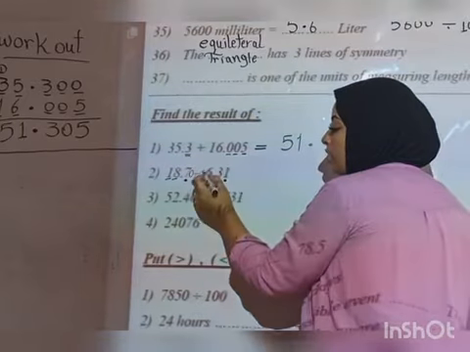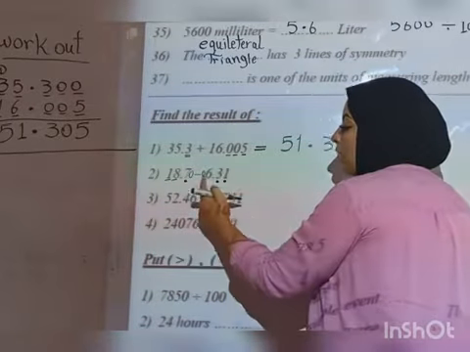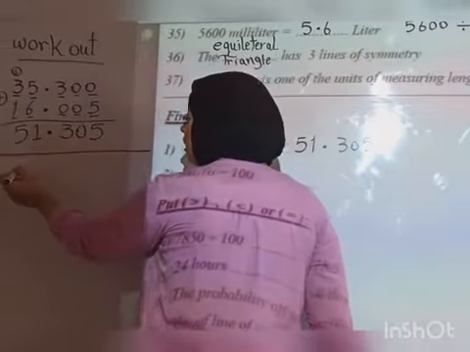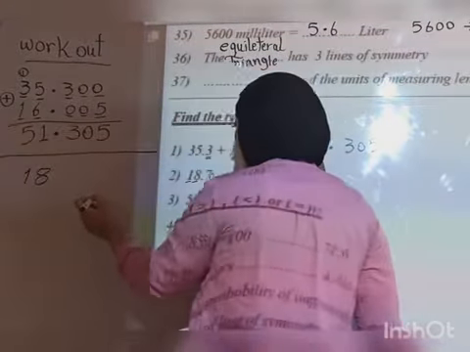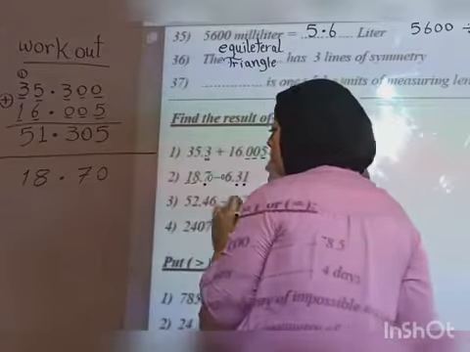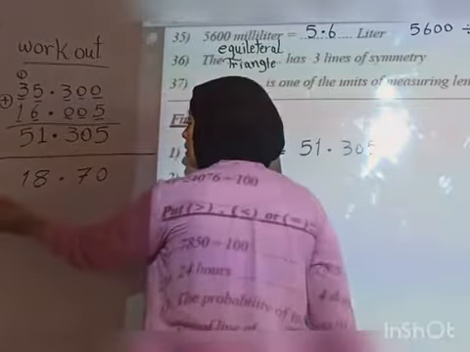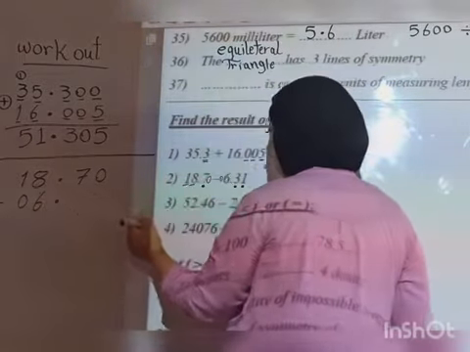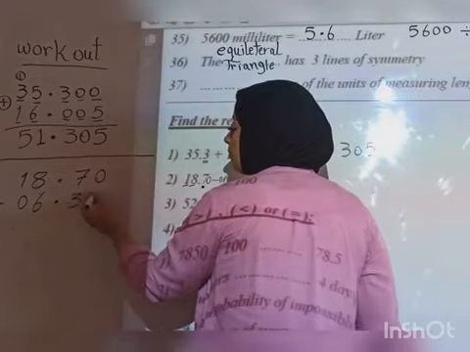So we put 0 beside 6 to make it 2 digits. We write 18.70 minus 06.31.